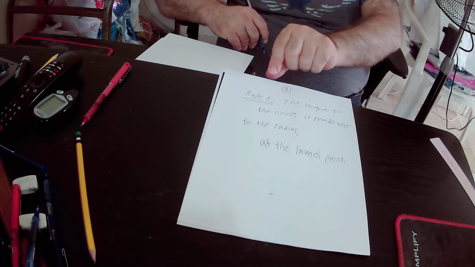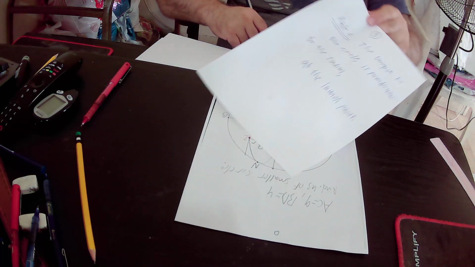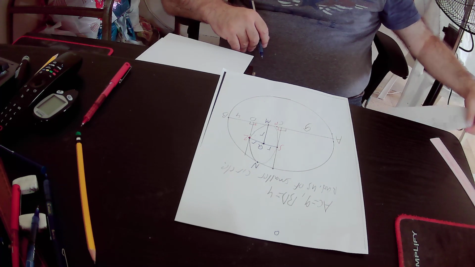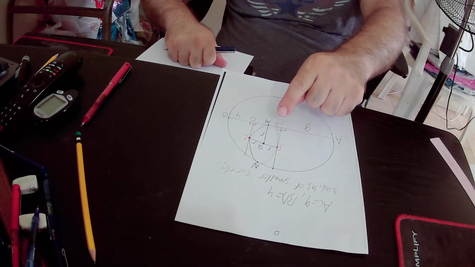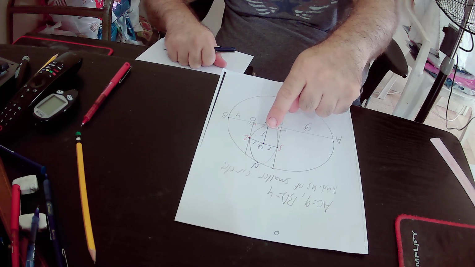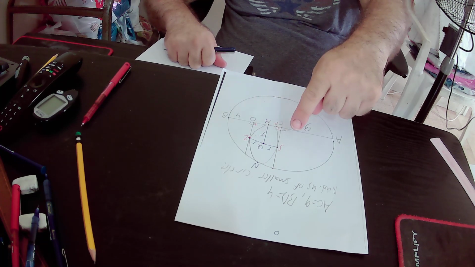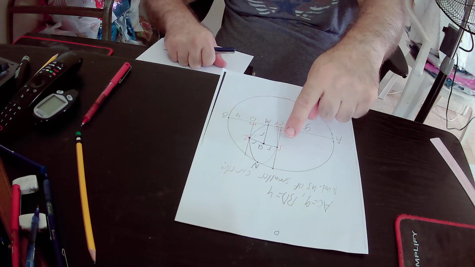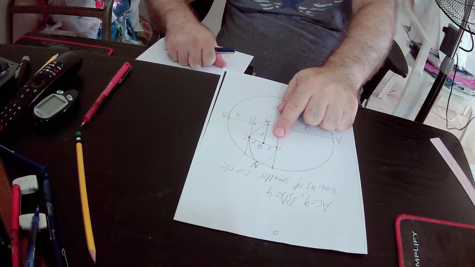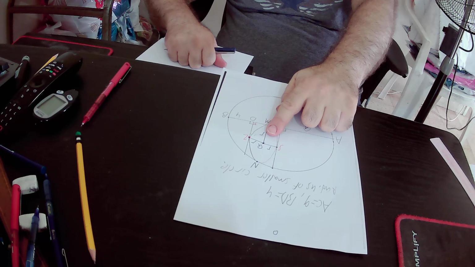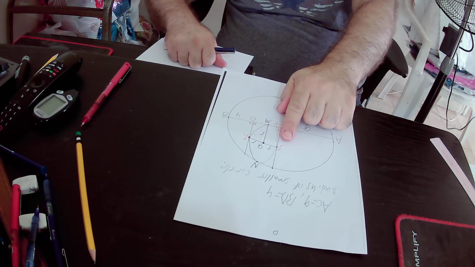Okay, so actually here we have a radius that exits from the center of the circle, that is to say from point Q, and touches the circle at point S. So this radius is drawn from the center of the circle to the launch point, that is to say to point S, that is the launch point.